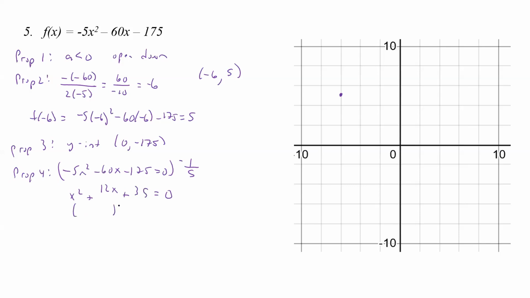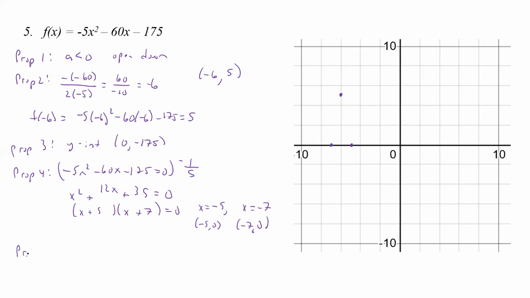And so now 2 factors of 35 that add to 12, so it's (x plus 5)(x plus 7). And so x is equal to negative 5, and x equals negative 7, so negative 5, 0, and negative 7, 0. So here we have 5, and here we have 7. So those are our 2 intercepts.